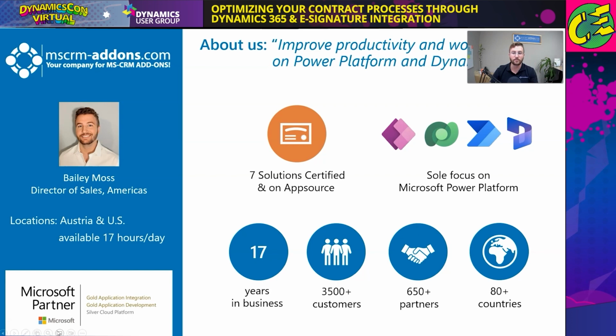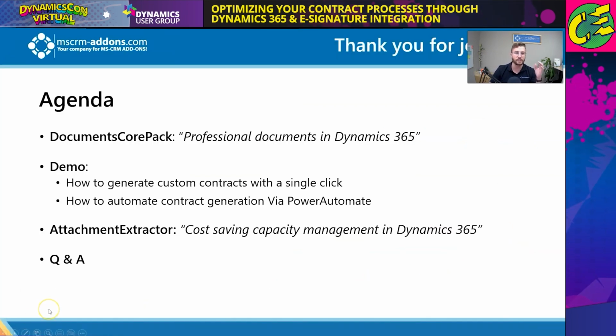We're a Microsoft Gold partner, and we work with solution implementers and partners all over the globe as well as customers directly. But yeah, let's get into the agenda. So today's agenda. So first, I'll get into kind of a high-level overview of DocumentsCorePack, how it works, and how it integrates with e-signature. From there, we'll get right into the demo, and I'll actually go through Dynamics 365, and I'll show how you can generate custom contracts with a single click, what we call one-click actions.